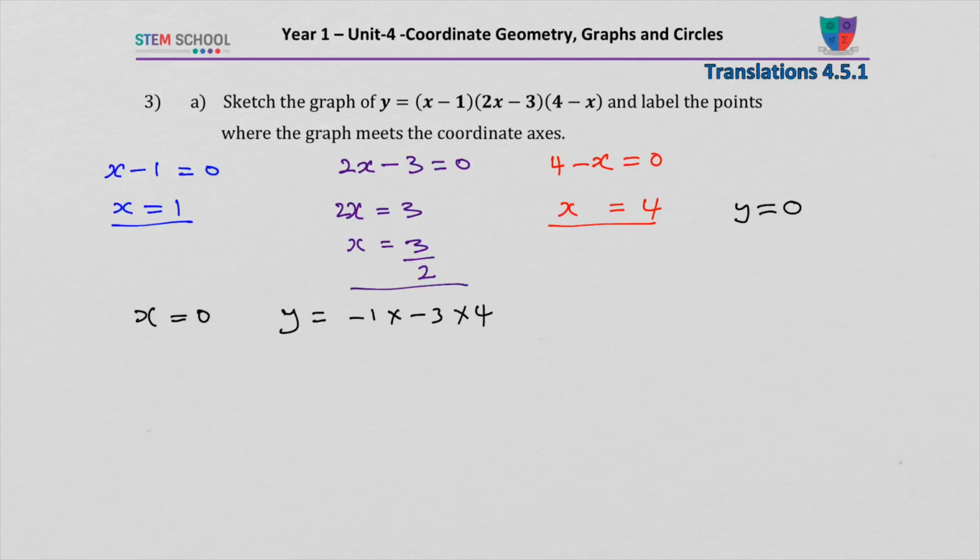Putting x equals 0 in the first bracket gives minus 1, in the second gives minus 3, and in the third gives 4. Minus 1 times minus 3 is 3, and 3 times 4 is 12. So when x is 0, y is 12.